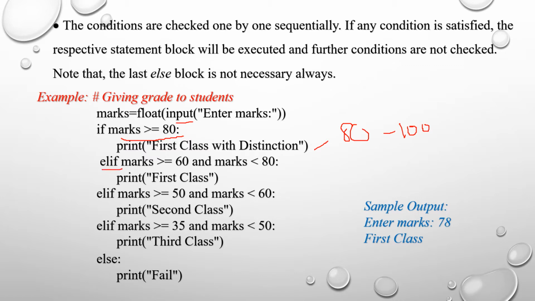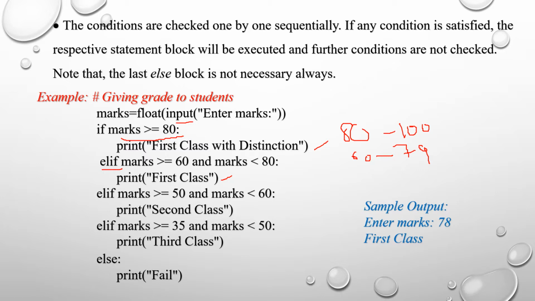Else if marks is greater than or equal to 60 and marks is less than 80, so 60 to 79, we print the student grade is first class.